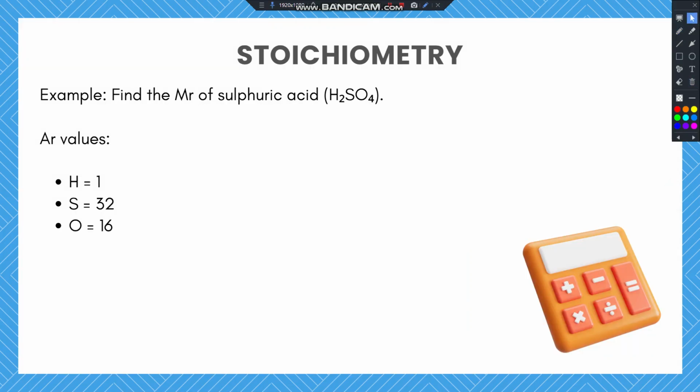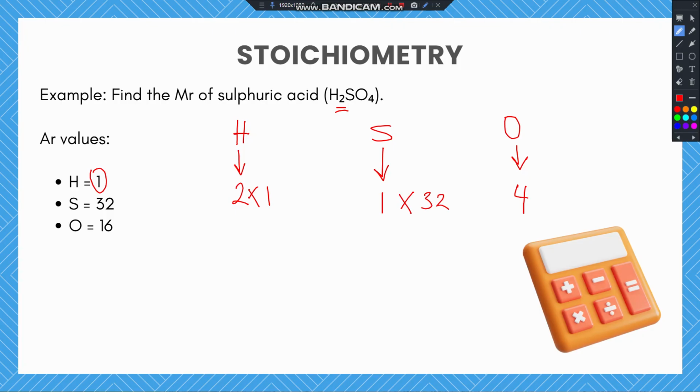Pretty straightforward. And then we have for sulfuric acid, H₂SO₄. So let's write out the elements. We have H, hydrogen, S, sulfur, and O, oxygen. For hydrogen, the number of times it appears is 2 times. You can see the subscript over here. Sulfur appears just once, and oxygen appears 4 times. For hydrogen, it becomes 2 times 1 because the atomic mass of hydrogen is 1. Sulfur becomes 1 times 32, and oxygen becomes 4 times 16.